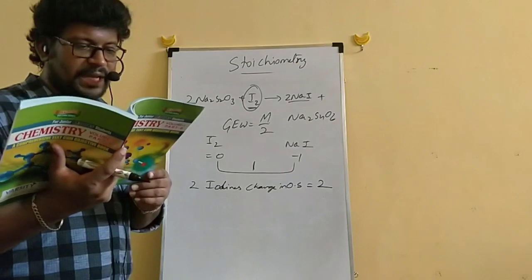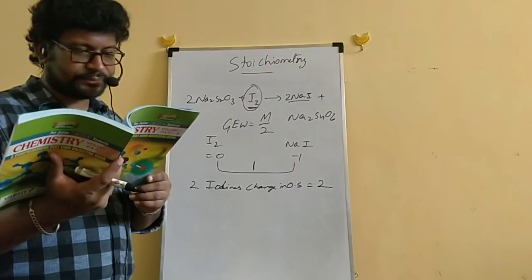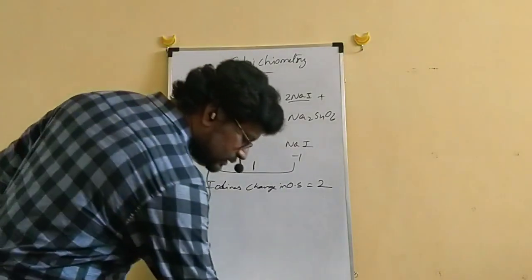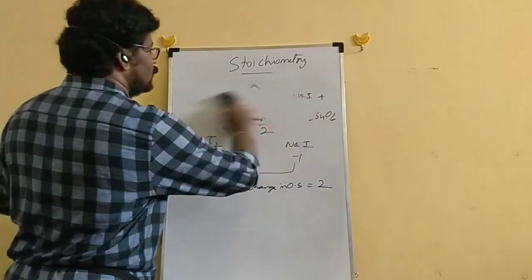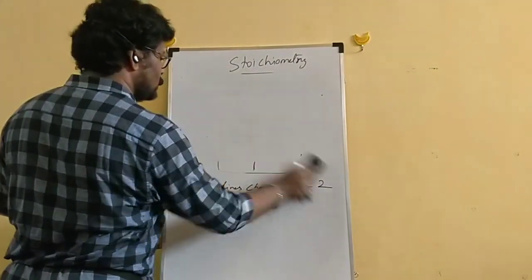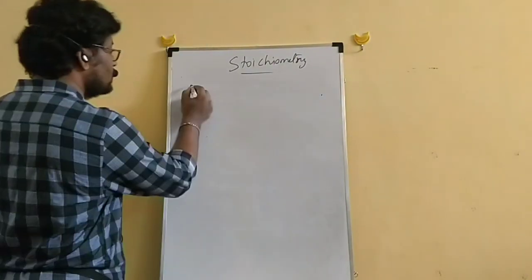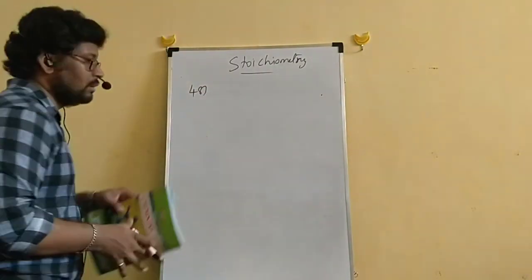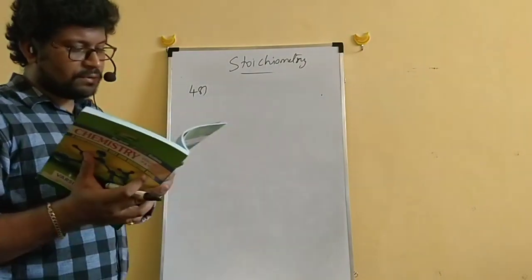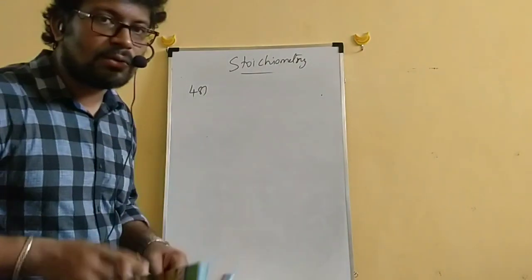Next, equivalent weight of glucose in the reaction. We will see the 48th one. We have to find it for glucose.